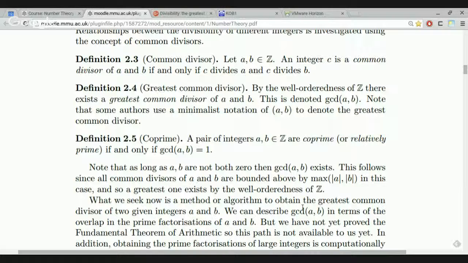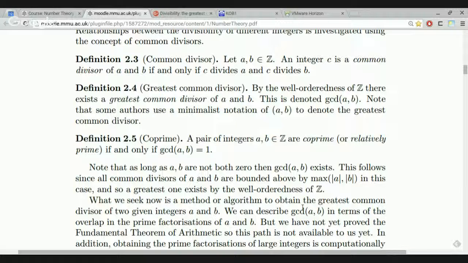Just put down 2 integers that don't share any divisors apart from 1. So, 36 and 49. Two numbers. Does 1 divide both of them? Certainly.